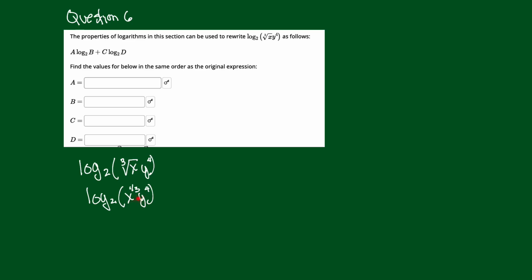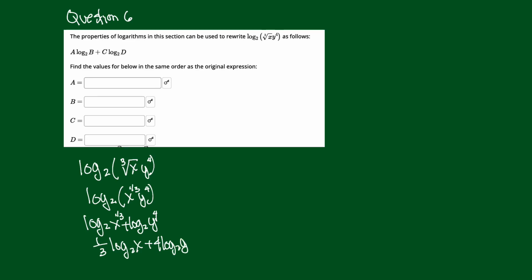So products become additions, right? What is the operation just below multiplication? It's addition. So let's add these together. So I'll get the log base 2 of x to the 1/3 plus log base 2 of y to the 4th. Now I can eliminate these exponents by bringing them down in front as multipliers. So we will get 1/3 log base 2 of x plus 4 log base 2 of y.